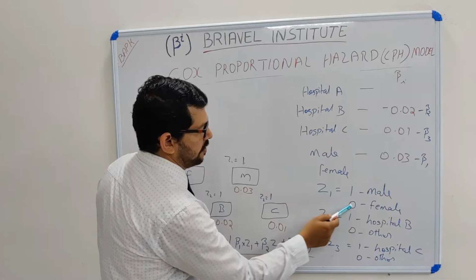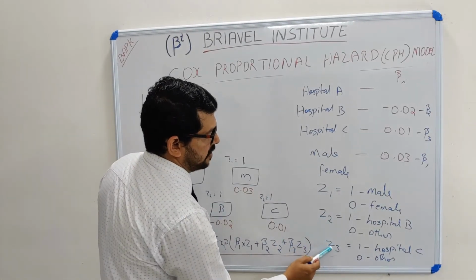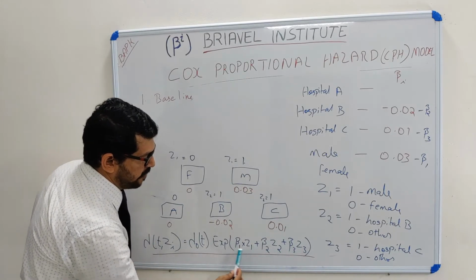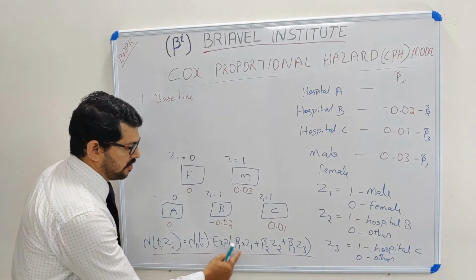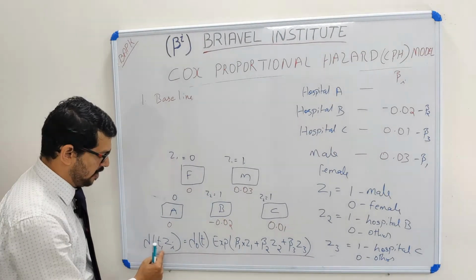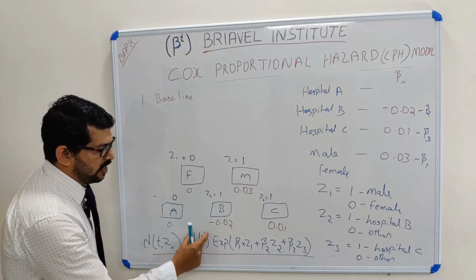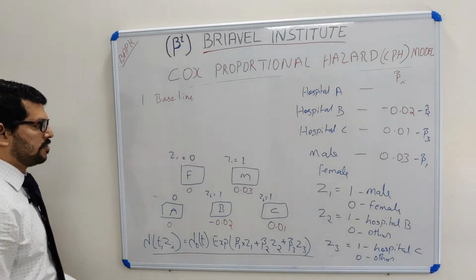That means Z1 is equal to 0, Z2 is equal to 0, Z3 is equal to 0. So if you put Z3, Z2 and Z1 values as 0, exponential 0 is equal to 1. Then what will we get? Lambda t Zi is equal to lambda 0 t. We will get only the baseline hazard.